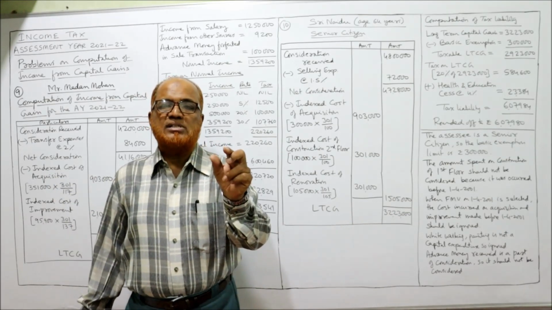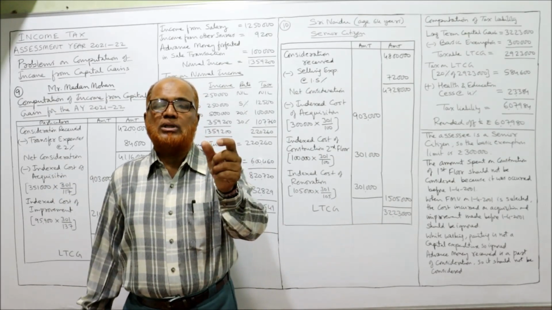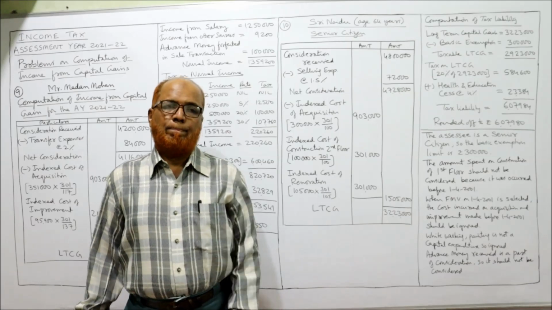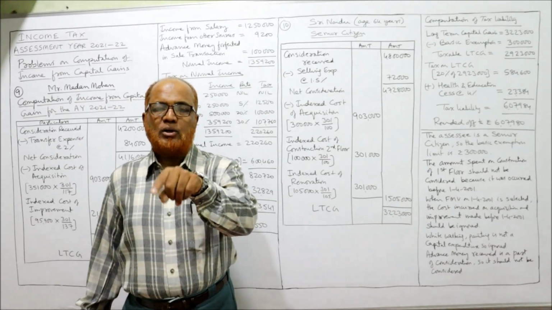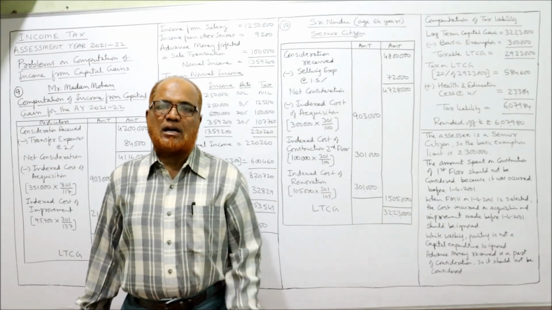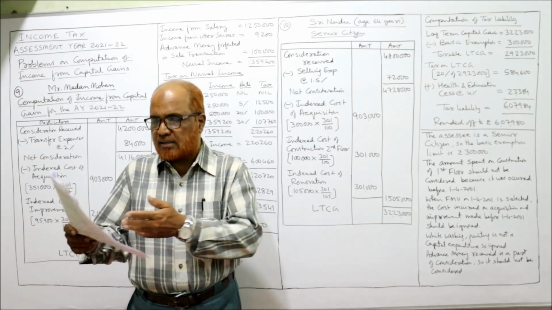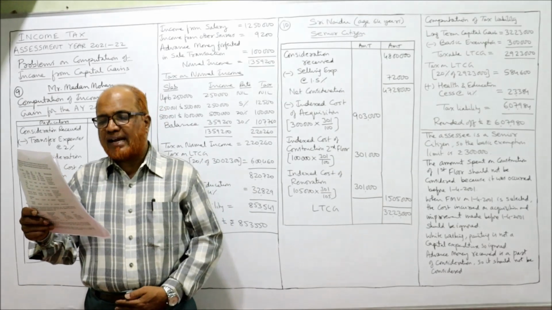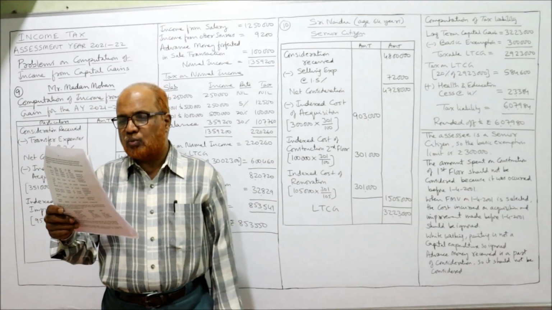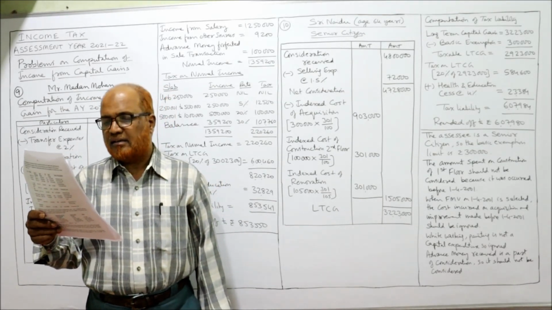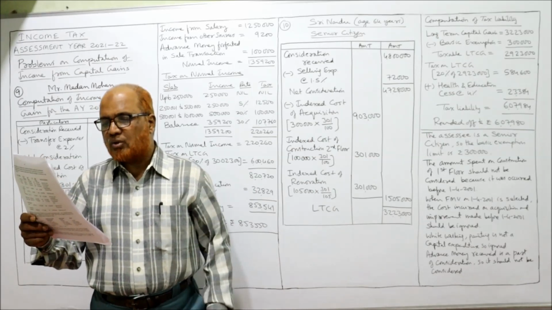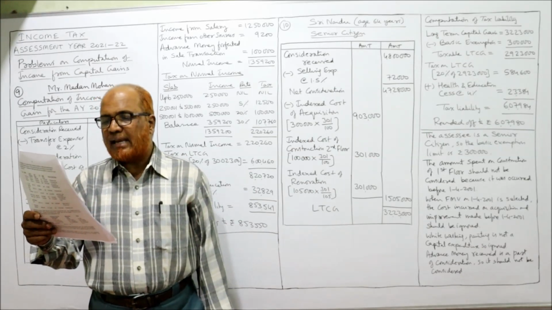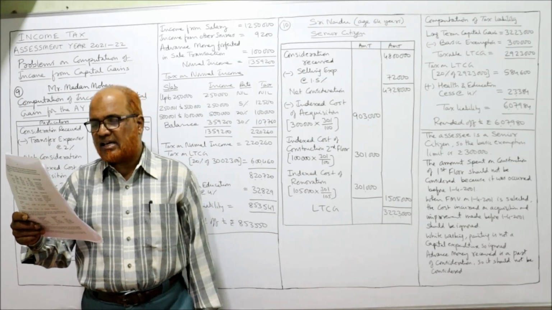Cost inflation index starts from 2001-2002, 1st April 2001. So before that, no index. Then construction of second floor, 2001-2002, 1 lakh, 100 is the CII. And construction of second floor or renovation of the house, 2002-2003, 1,05,000, 105 is the CII.